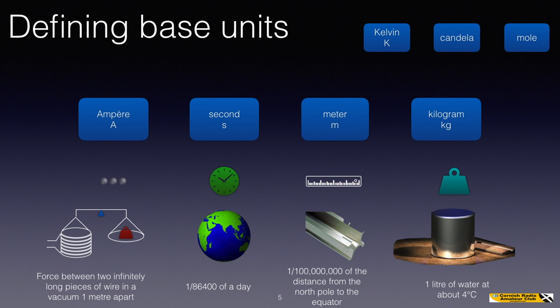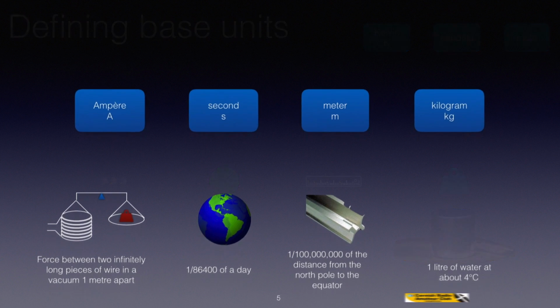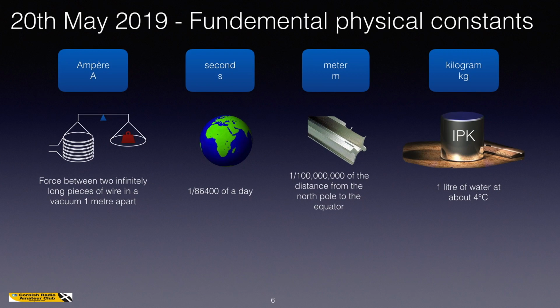So a move was set underway a few years ago, and by the 20th of May 2019, not long hence, the move will be complete, and these fundamental base units will be measured against fundamental physical constants, and so that will remove the variability.